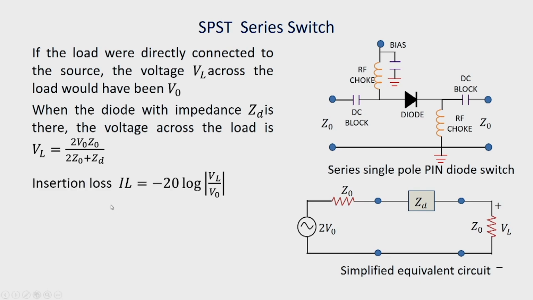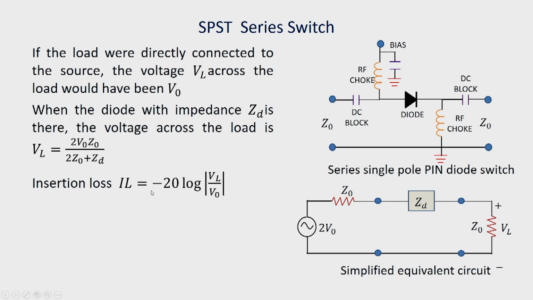Now, the insertion loss IL is defined as, VL is the voltage when the diode is present, V naught would have been the voltage if the load were directly connected to the source.